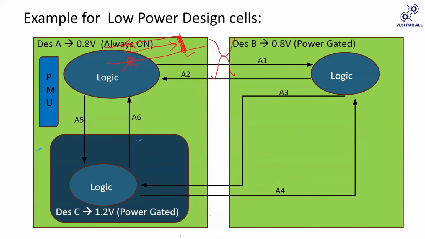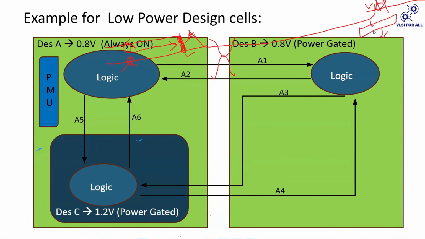Why power cell? The power cell is used to control the power gating. The power cell will not be placed in the signal path. For example, if there is a VDD rail for 0.8 volt, and this VDD is going over here, then in order to go over here, there has to be a power switch which controls this.